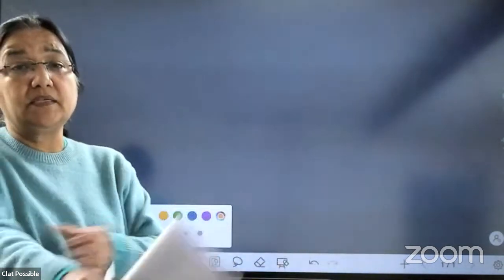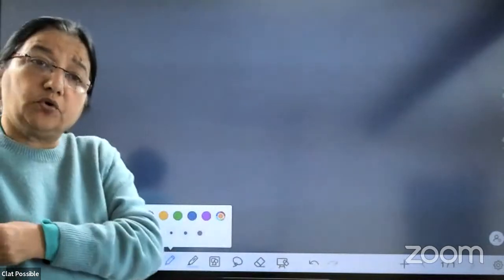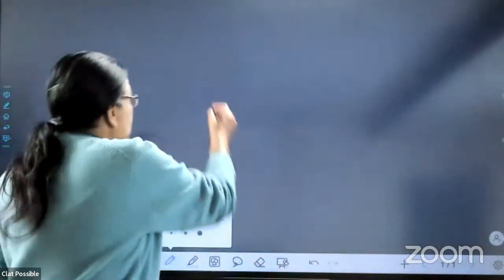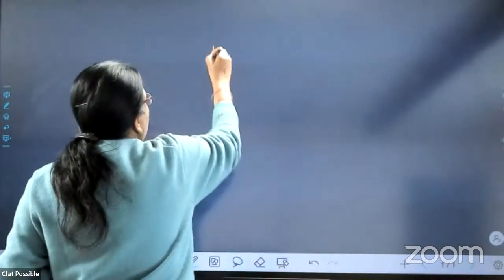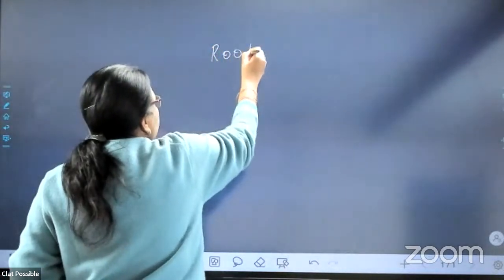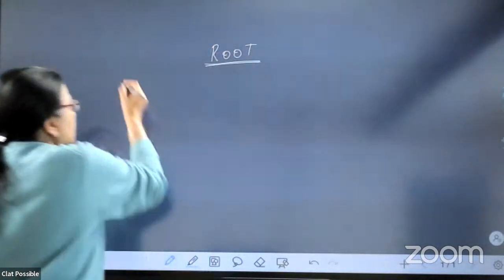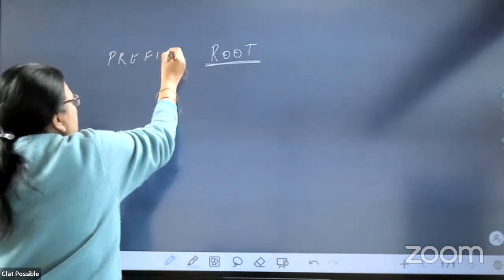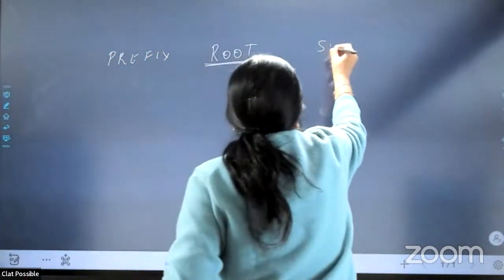Now, what is this root method and what are the base words? Words have an origin. Linguistic people have formed the base words. Base word means the root. Now, when I learn the meaning of my root word, what I add before the root is called the prefix, and what I add after the root is the suffix.